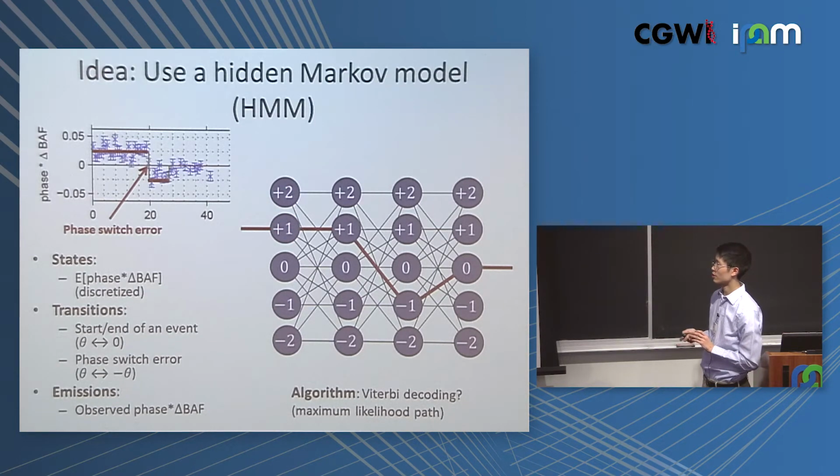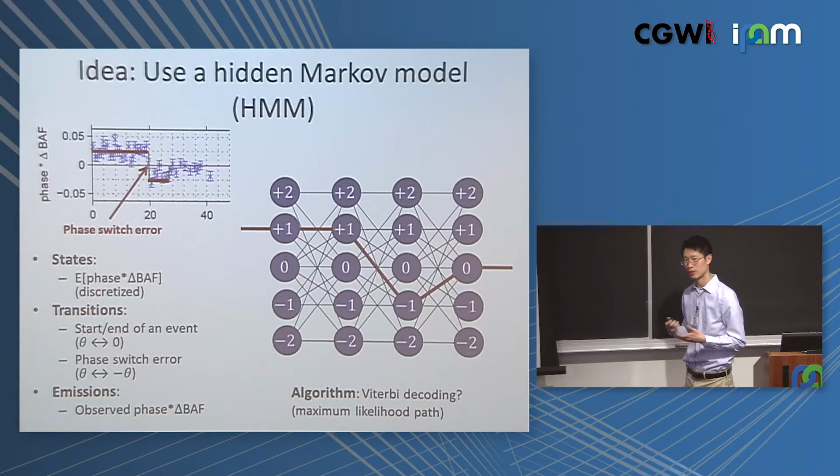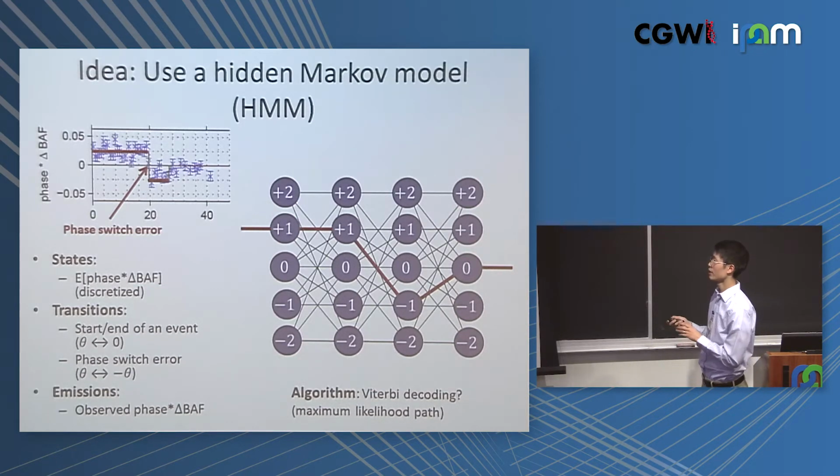The model should reflect that you walk through it expecting to emit roughly what the state label says, but with some noise corresponding to measurement error. The transitions correspond either to phase switch errors, which flip the sign of the state you're in, or to starting or ending an event, in which you switch between a non-zero state and a zero state.